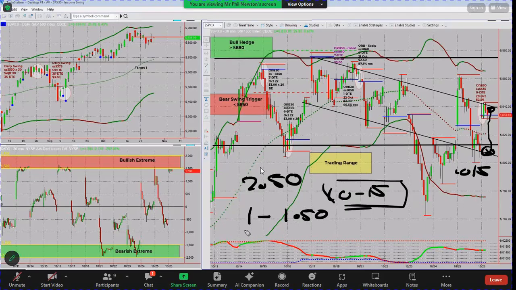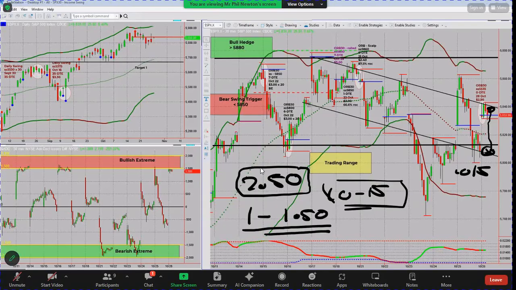Or I can decide I'll take less profit, but it's within my expectations. So if I've collected $2.50 for my credits, and again, I did the at the money spread, maybe I collect $1 to $1.50 on this occasion. Let me show you how that might work out.